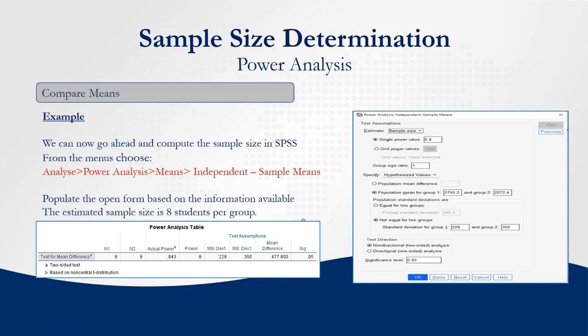With SPSS, I'm not going to open it, but I've put the steps here that you will follow. You go to analyze, because it's some form of analysis. It's a power analysis. We are trying to estimate the sample size using this approach. And now I'm estimating the sample size for an analysis that is about comparing means.